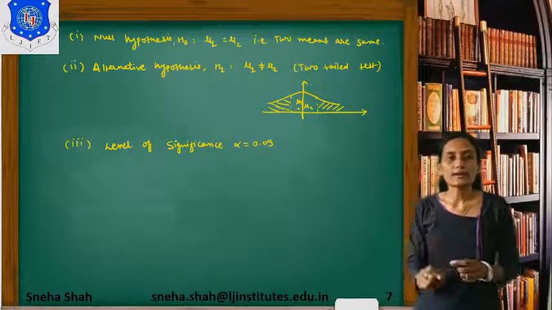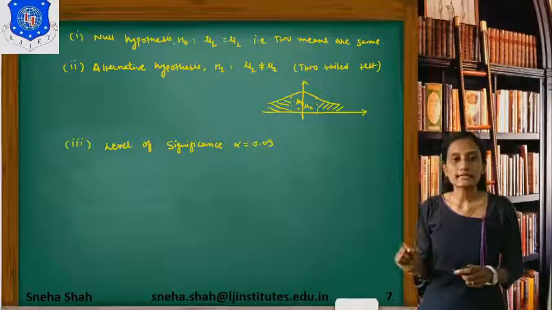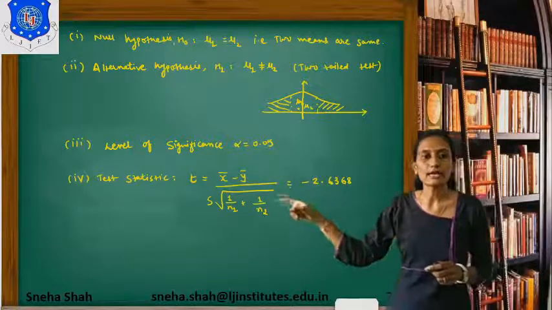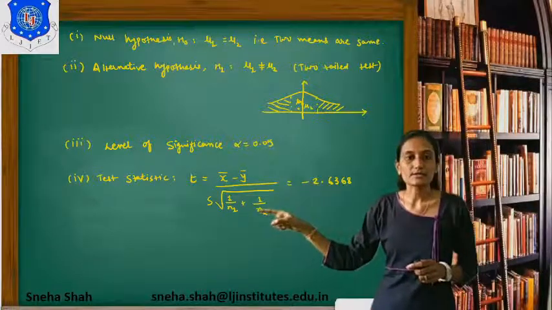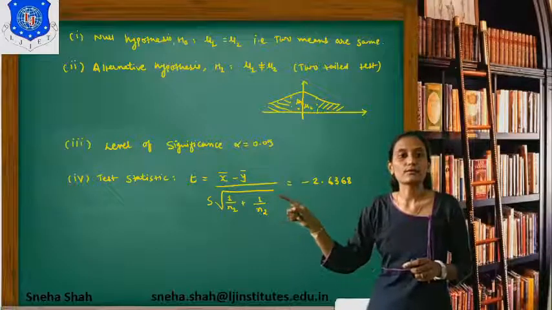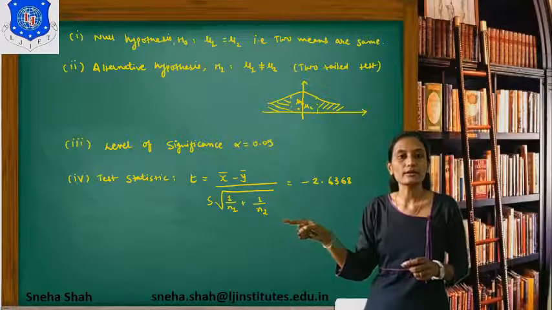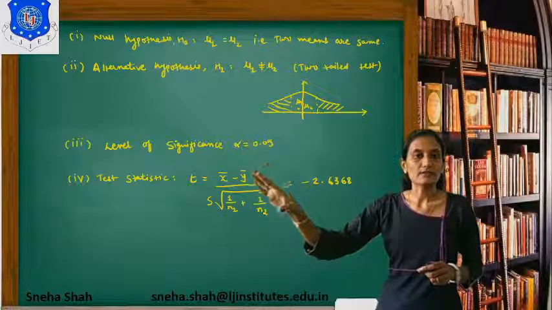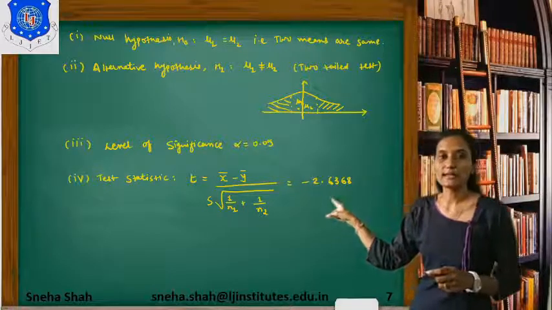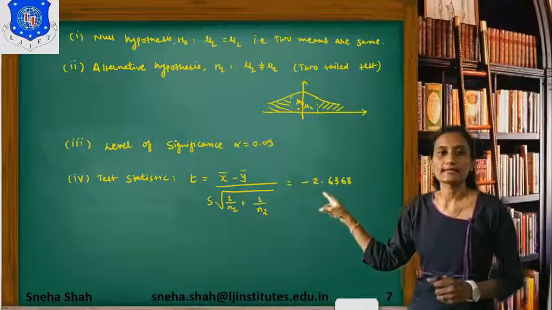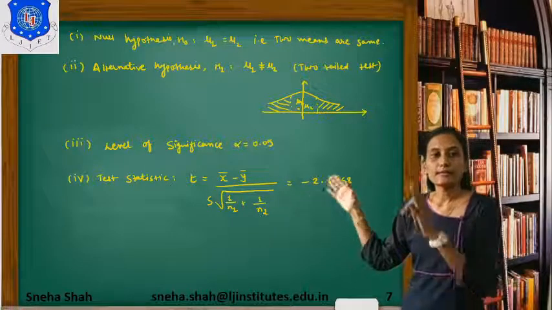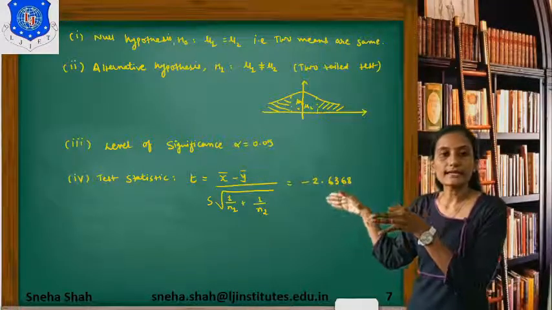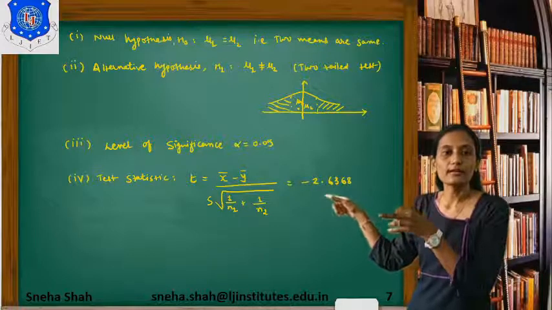Next we have to find the test statistic, and its value is t equals x bar minus y bar upon s under root 1 upon n1 plus 1 upon n2. Now if we put all these values in this equation, after solving it, the answer equals minus 2.6368.